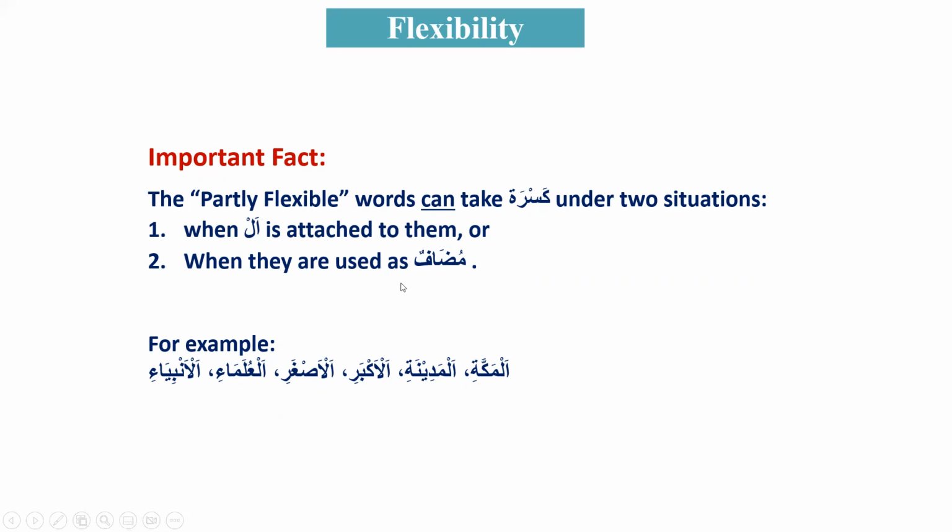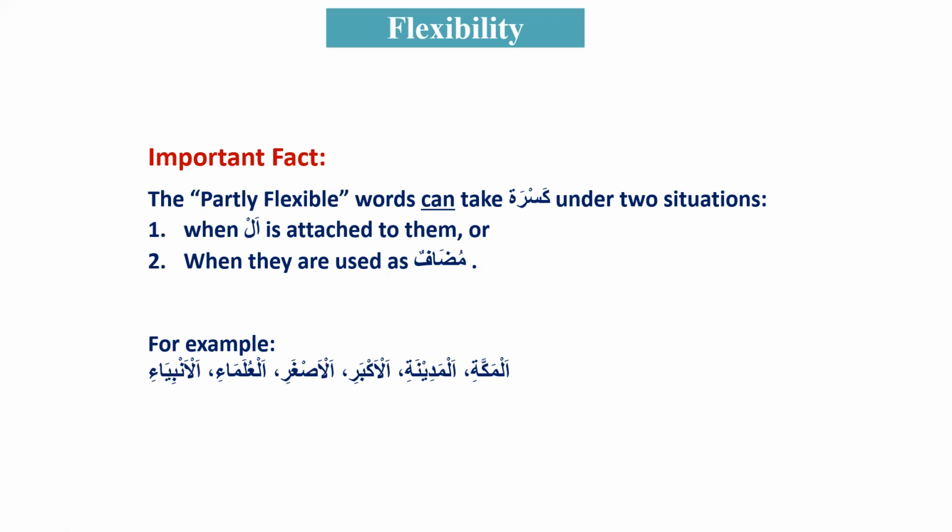So just remember for now that there could be, for two reasons, a partly flexible word can take a kasra. The first one is when the word al is added to a partly flexible word, or when the partly flexible word is used as a mudaf. What is mudaf? That inshallah we will learn in the next class.